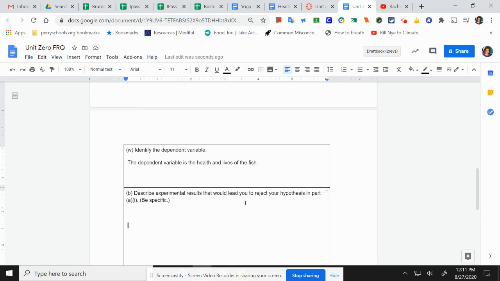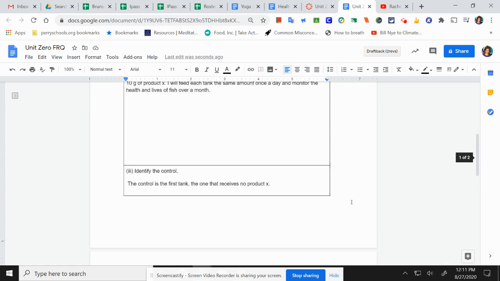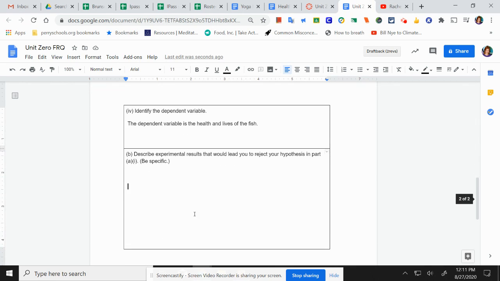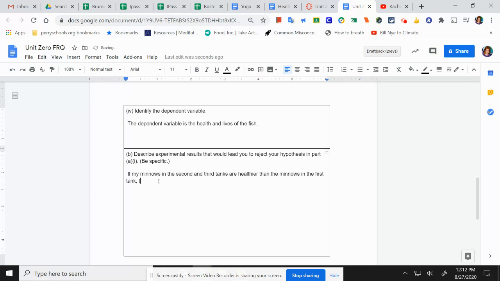Describe experimental results that would lead you to reject your hypothesis. So I am saying if I use product X, then the health of the minnows will be negatively affected. The opposite of that would be if my minnows in the second and third tanks are healthier than the minnows in the first tank, this would lead me to reject my hypothesis.